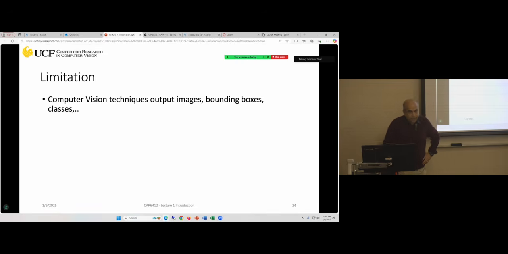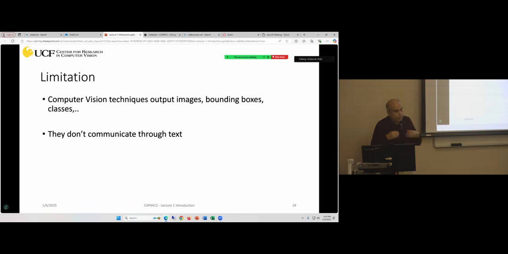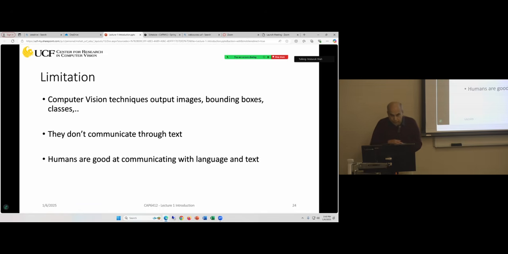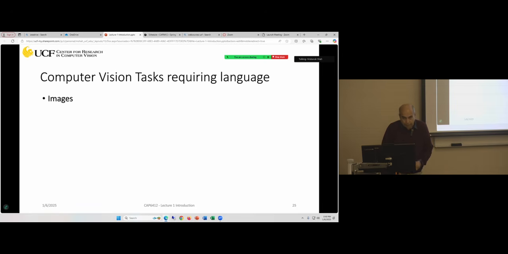The limitation of these tasks is that they only provide output in terms of bounding boxes, classes, and so on. They don't communicate through text, but humans are good at language, so language and text are important. For example, given an image, you want to caption it: what is the image showing?